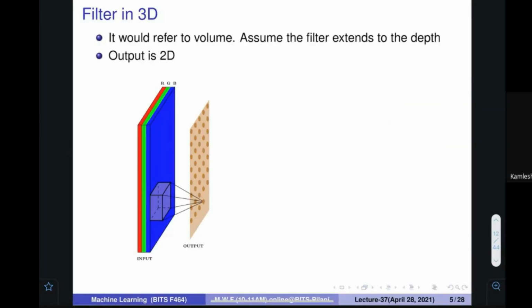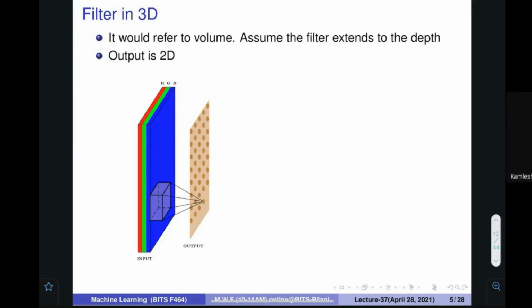Generally the images are 3 dimensional, and if the things are 3 dimensional, then instead of one set of values you actually have 3 sets of values. So if you want to apply a filter, then you can apply the filter on the first plane, the second plane, and the third plane.